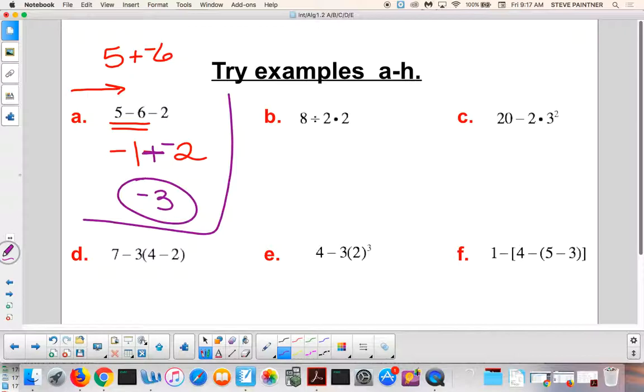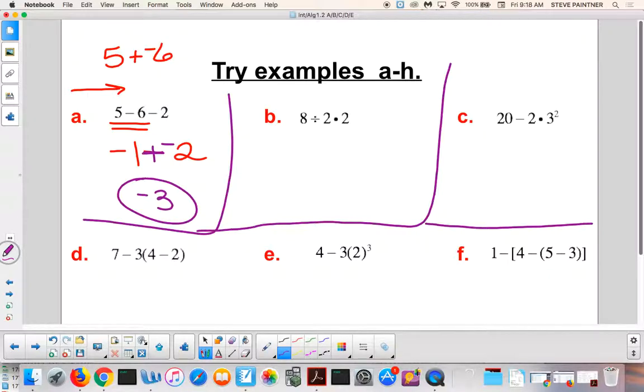Try B. I'll give you 30 seconds. Go. Finally answer. Okay, good. Do it on paper, though. Show your work.